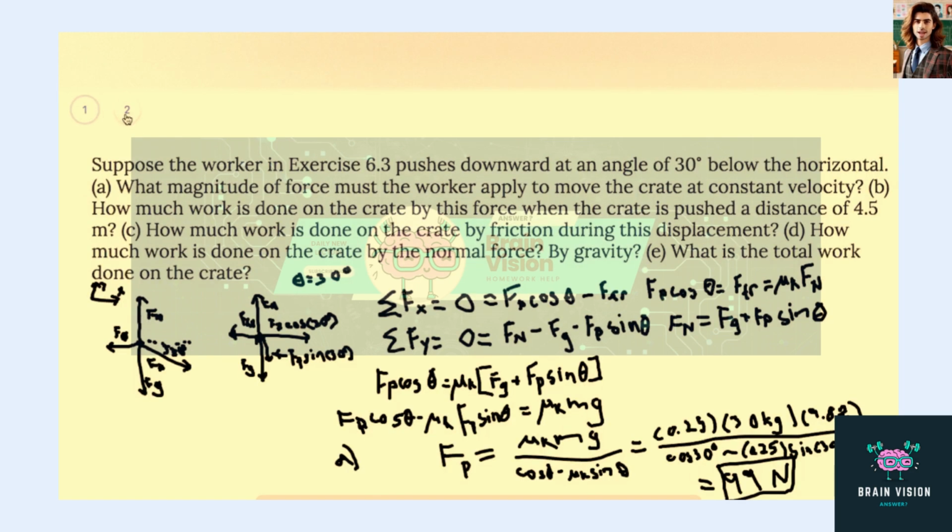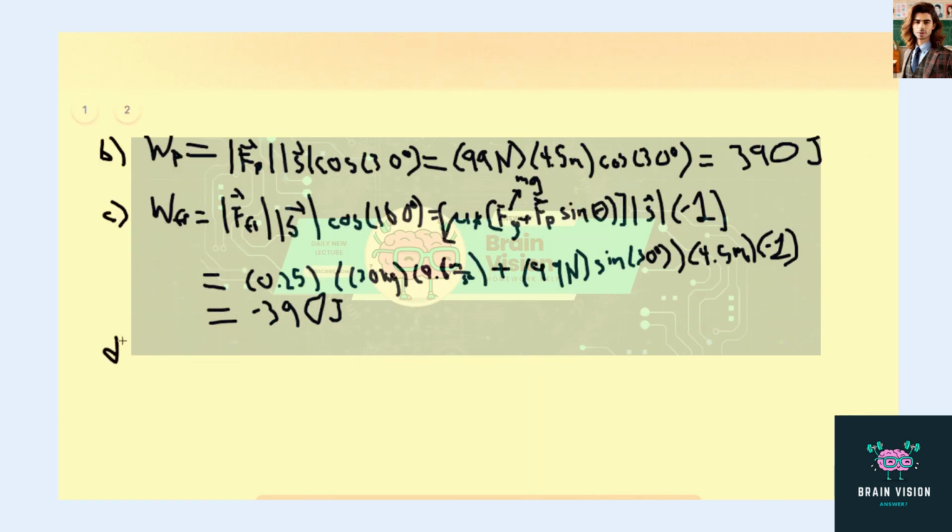The next part asks us to calculate the work due to the normal force and gravity, and those haven't changed with respect to displacement. Both of them are still at 90 degrees to the direction of the displacement. So there will be a cosine of 90 in their expression for work, which will zero them out. So the work due to the normal force and the work due to gravitation is 0. And so now we have everything we need to calculate the total work done on this crate.